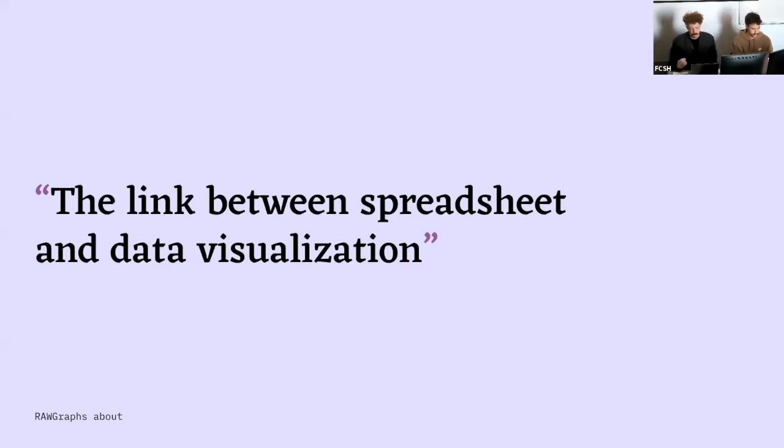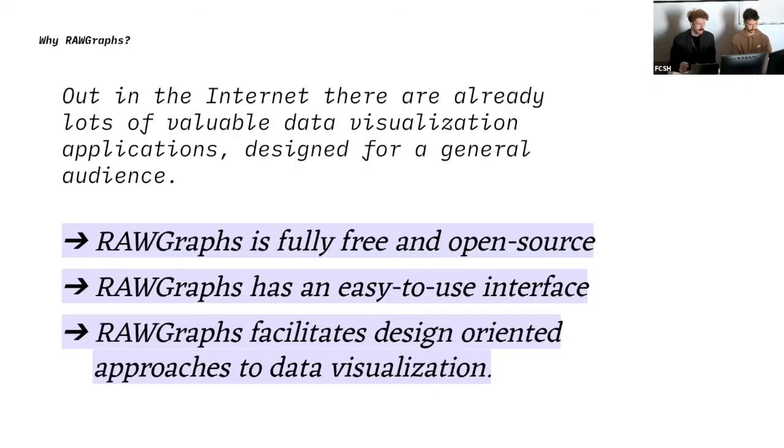It's important because we can say that RAWGraph is the link between the spreadsheet and the data visualization. It's one of the many possible choices that you can use to make visualization, but its strong point is the fact that it's fully free and open source.